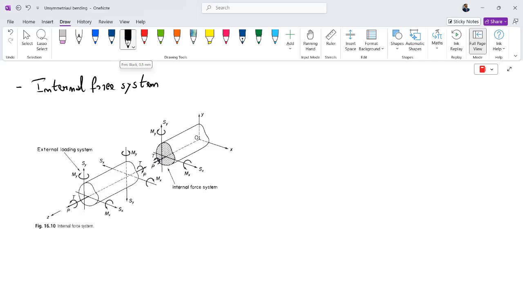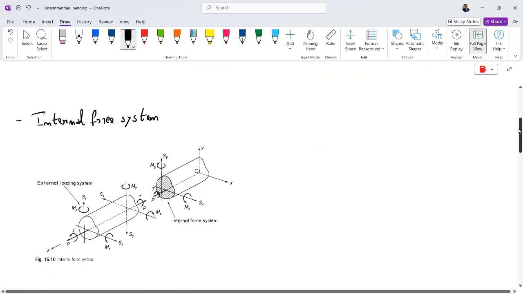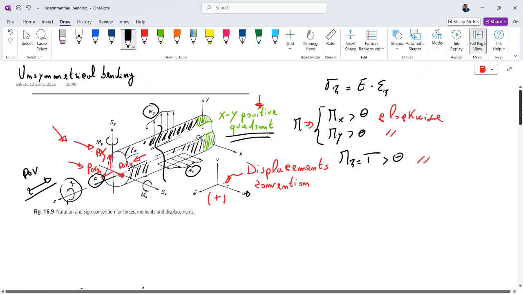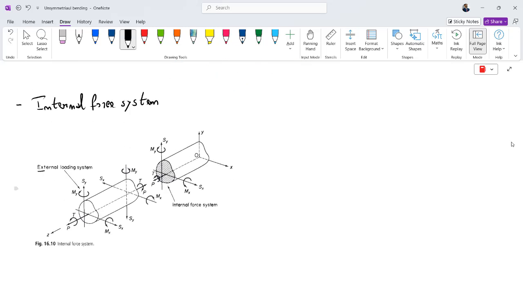Here we have the same beam, but cut at a certain station, let's say z prime, for example. We see from figure 16.10 an external loading system, the system seen before, but we have also an internal force system.